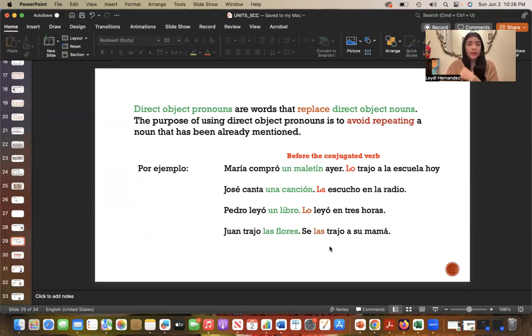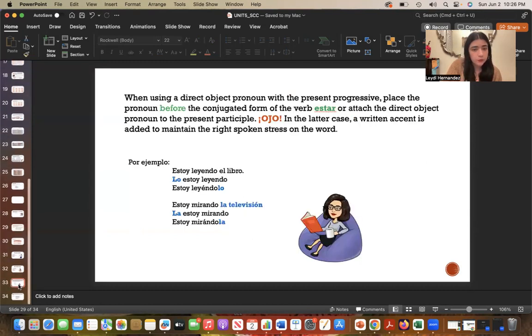Now, the direct object pronoun does not always go before the conjugated verb. If we have two verbs together, we have two options. For example, do you guys remember the present progressive, the tense that we use when we are doing something at the moment, like ongoing actions?